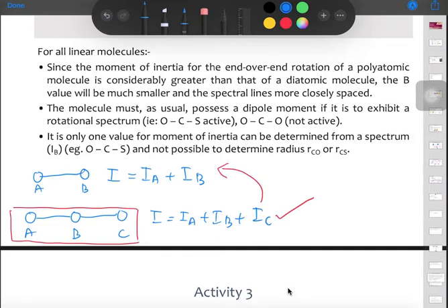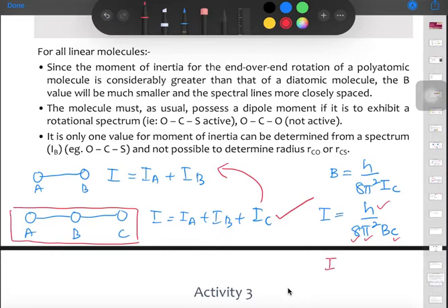If you remember, B is equal to h over 8 pi squared I c. If you rearrange this, I is equal to h over 8 pi squared B c. We know that h is constant, 8 pi squared is constant, and c is constant.